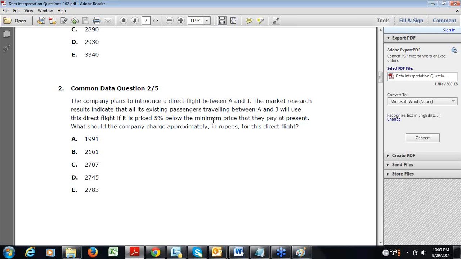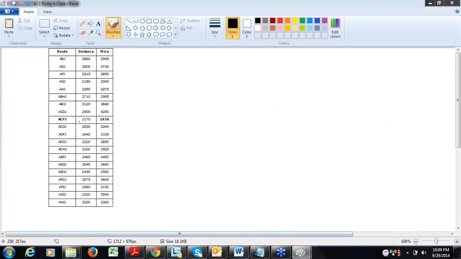So what is the minimum price that you have here? Minimum price is when you go through AHG. So 2275 is the minimum price.